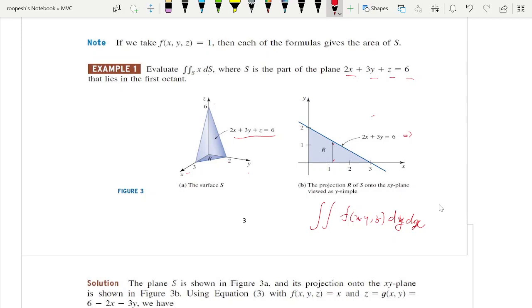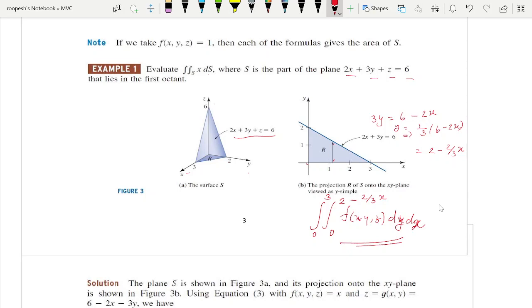So from this you will get 3y is equal to 6 minus 2x, or y is equal to 1 by 3 into 6 minus 2x, that's equal to 2 minus 2 by 3 x, right? So y is ranging from 0 to 2 minus 2 by 3 x, and here x is varying from 0 to 3. So this is the thing we want to calculate.